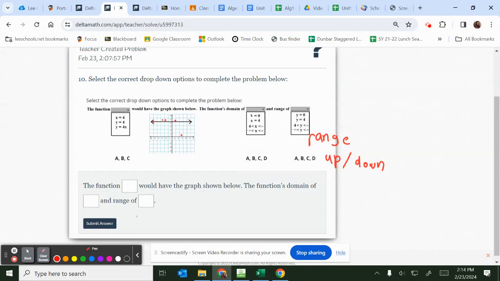So that means your range is not changing; it's staying constant at y equal 4. So the answer for this next box down here would be B. Again, guys, this started glitching towards the end.